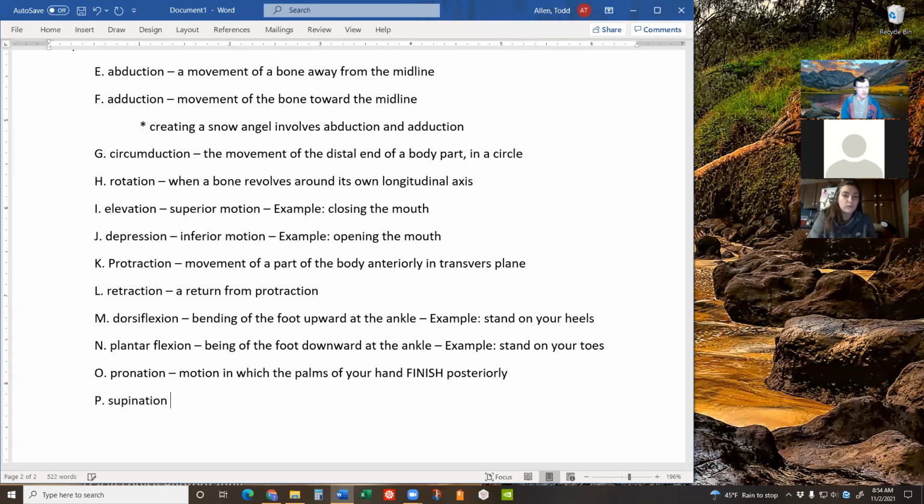That is supination. Motion in which the palms of the hand finish anteriorly. Okay, here we go. Pronation. Supination.